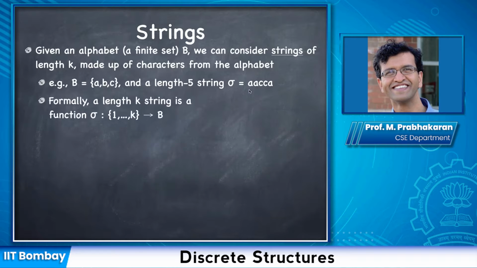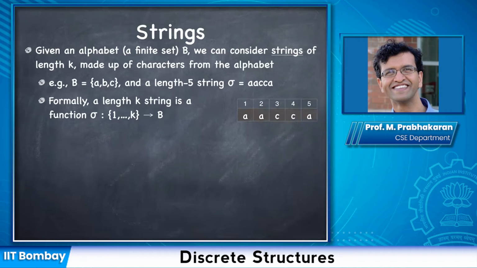But what is it formally? Formally, we could think of it as a mapping, a function from the positions to particular characters. So it's a function that maps the k positions. In this case, k is 5, so 1, 2, 3, 4, and 5. Each of those 5 positions is mapped to an element in the alphabet.